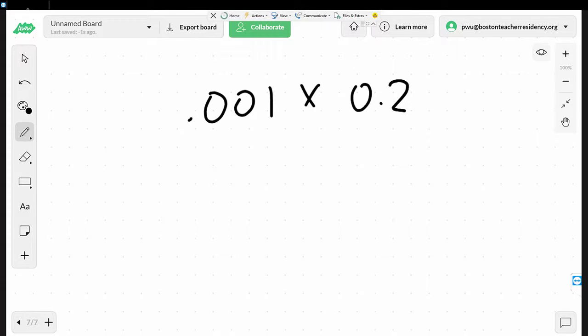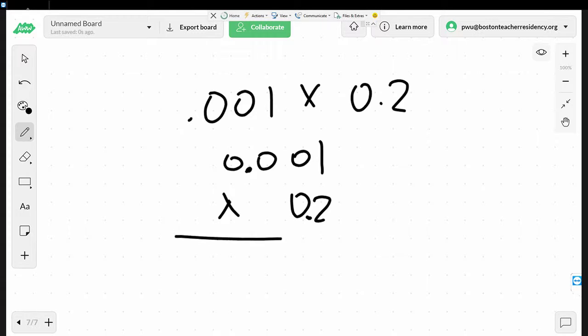So this one, I just have 1 times 2, but let's put the zeros in front. So 2 times 1 is 2, and I just have a bunch of zeros. I'm actually going to erase this 0 just to show you how it works.